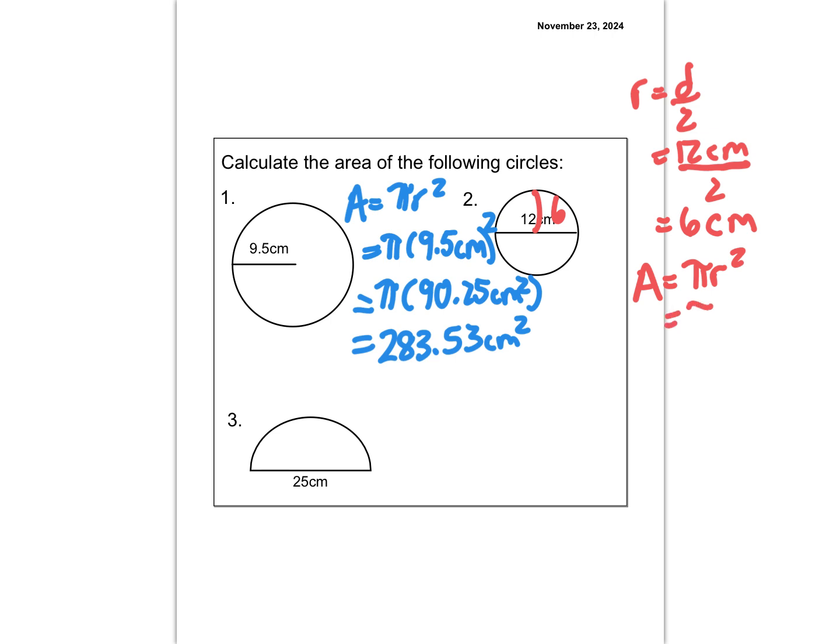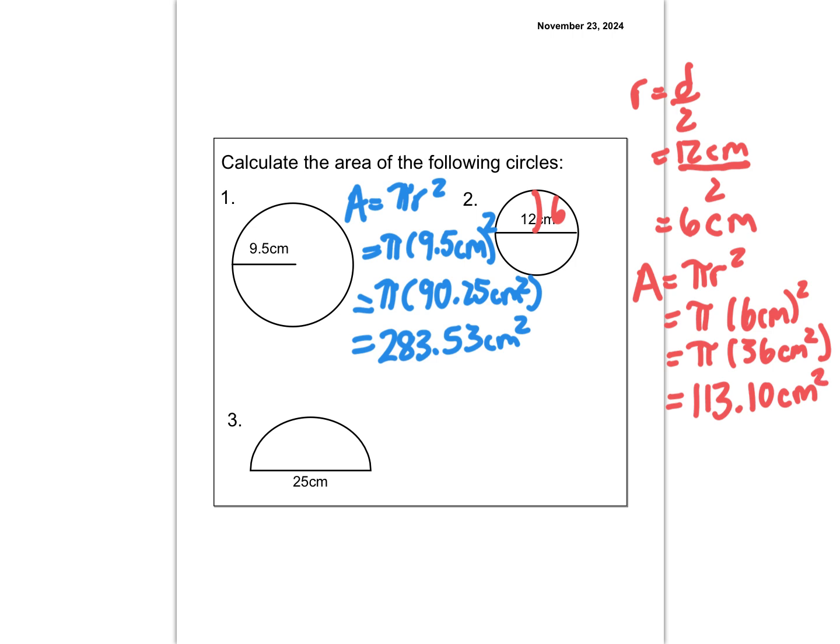And I would have pi times 6 centimeters squared. 6 squared's 36 centimeters squared. And so if I do pi times 36, I end up with 113.10 centimeters squared. So that works out.